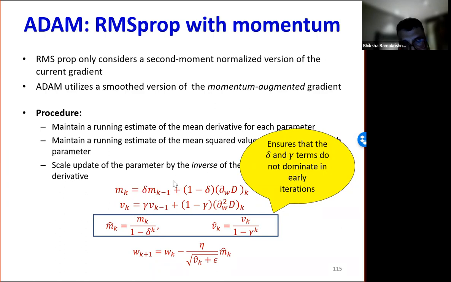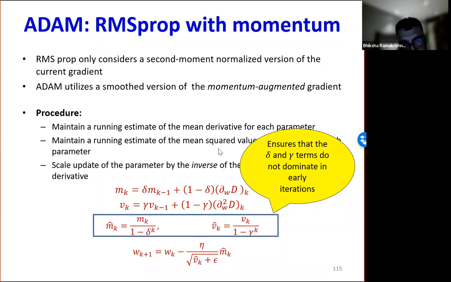And typically the delta values are very close to 1. So this term is never going to show up, and for the longest time, your derivative is going to remain 0.